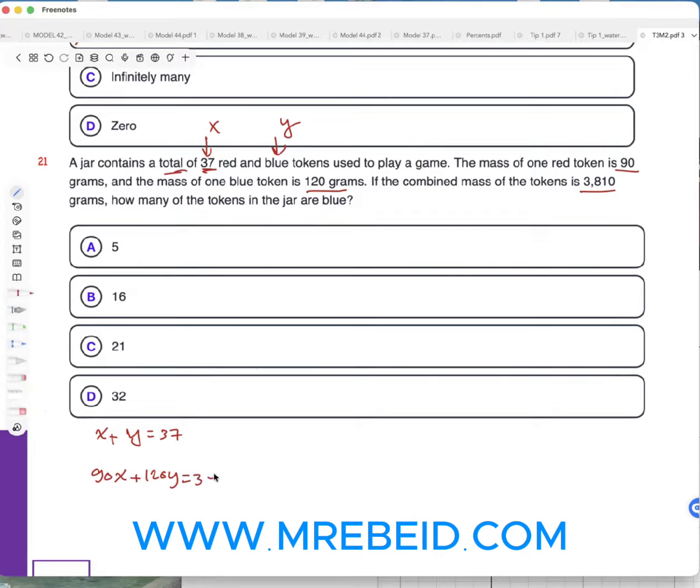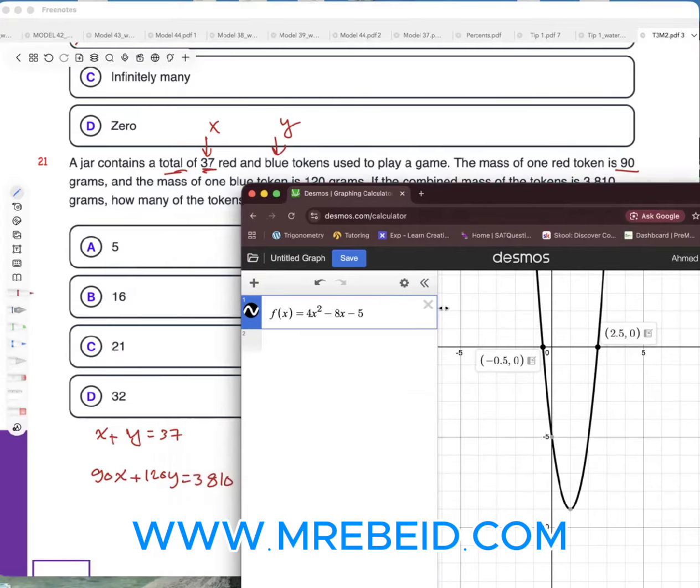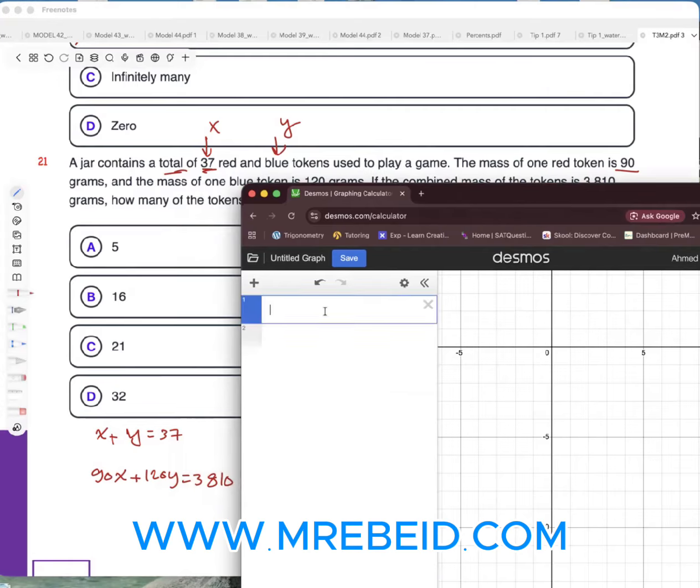So it's 3,810. Then you'll use Desmos to graph this system of equations and check the point of intersection for x and y, and check the value of y because it represents the value of the blue token. So we have x plus y equals 37, and the second one, 90x plus 120y equals 3,810.